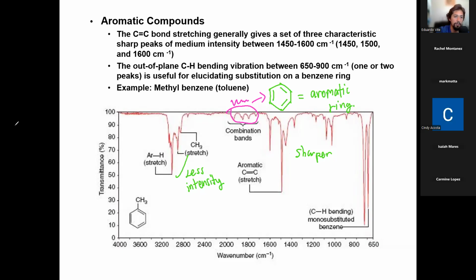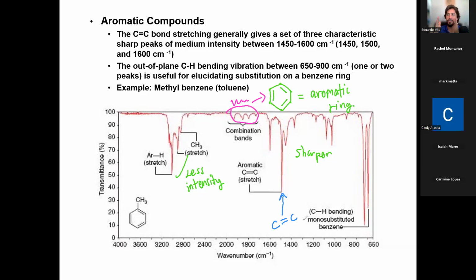And of course, the signal you can use to confirm for sure will be your carbon-carbon double bond signal. This peak, I'm going to use blue. This peak right here is your carbon-carbon double bond stretch, the vibration of the molecule.